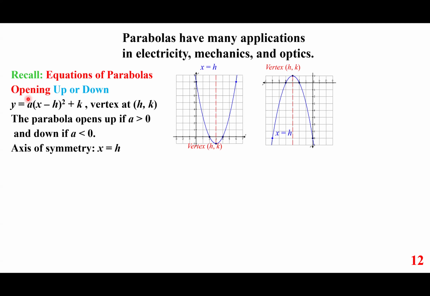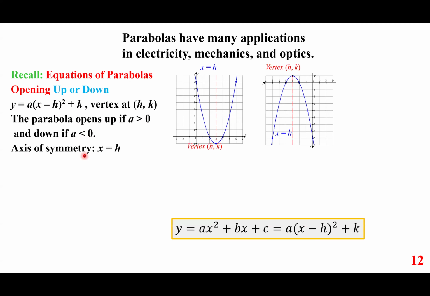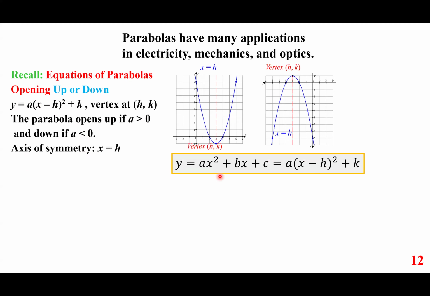Recall the equation of a parabola. This is what we have learned from before. y equals a times (x minus h) quantity squared plus k. This is the vertex format at h and k. The parabola opens up if a is positive and down if it's negative. Axis of symmetry, x equals h. y equals ax squared plus bx plus c, or a times (x minus h) quantity squared plus k.